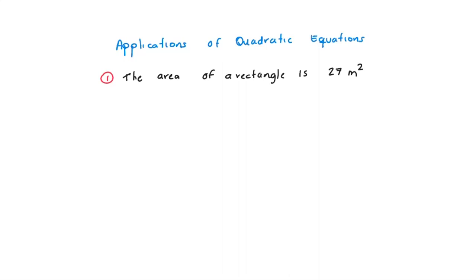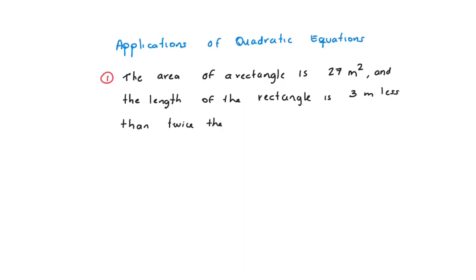And the length of the rectangle is 3 meters less than twice the width. Find the dimensions of the rectangle.